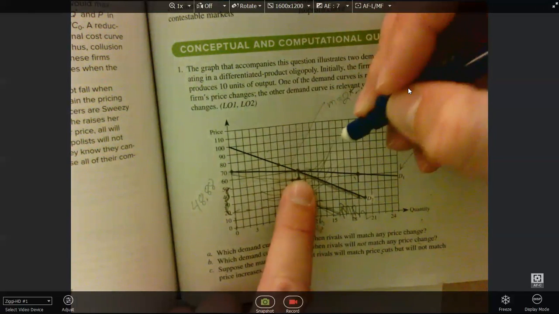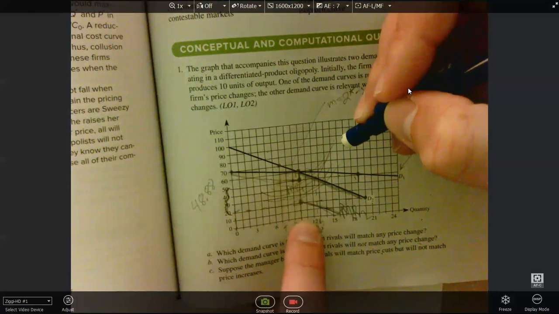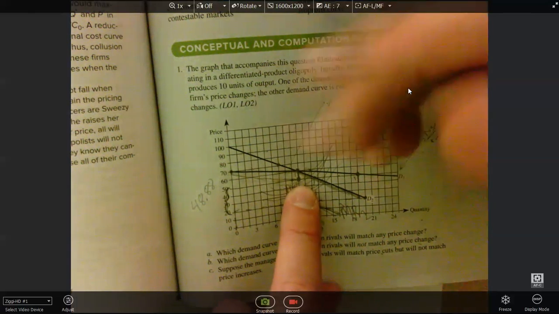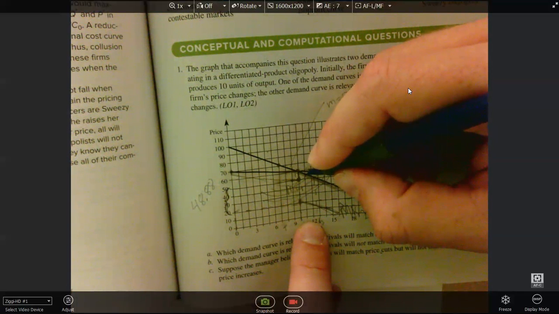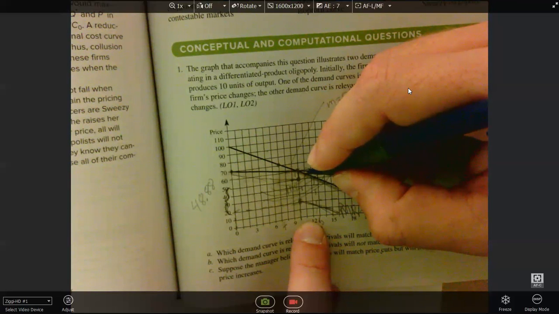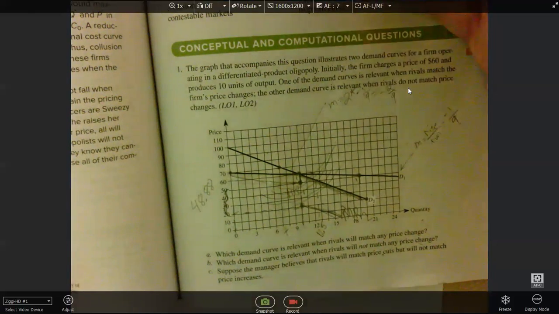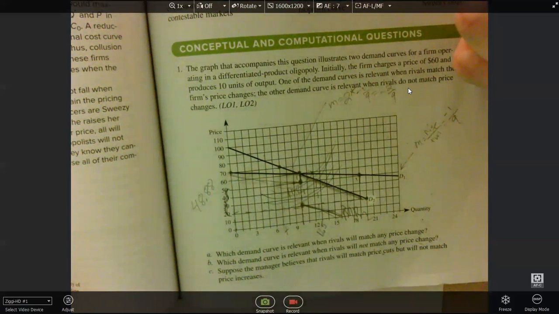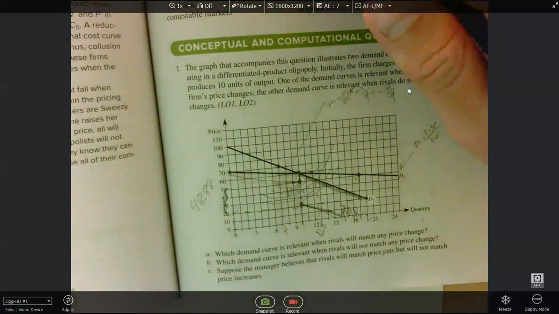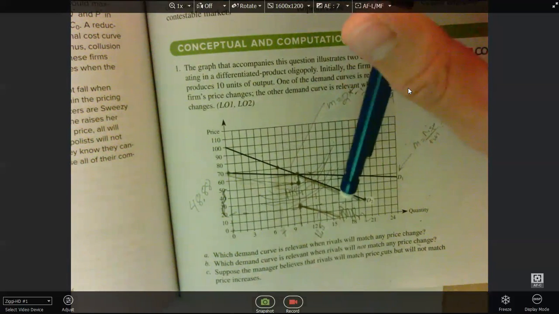So the second point. Now, what's going on with the demand curve here? What's our marginal revenue? The next one at 10 gives us 55. Why does it jump? This has to do with the slope of this demand curve.